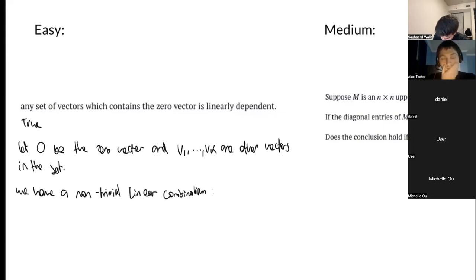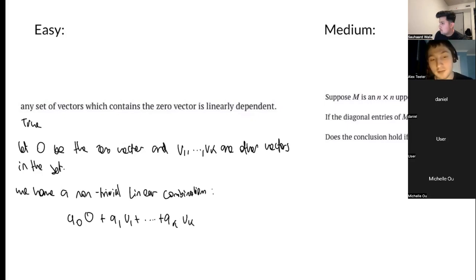which is going to be, let's say, a0 times 0 plus a1 v1 plus all the way to ak vk.